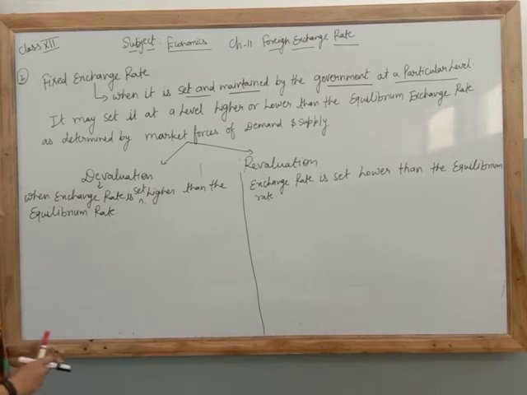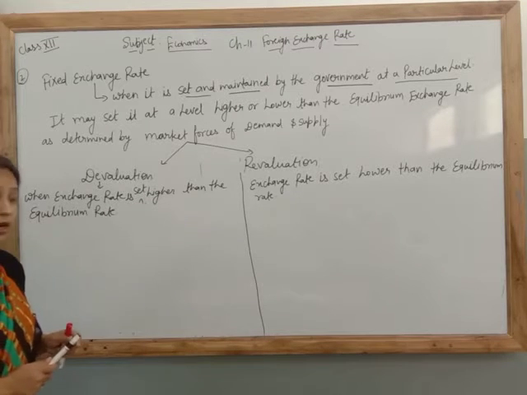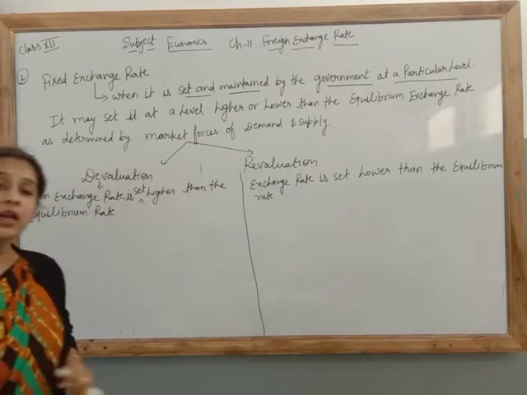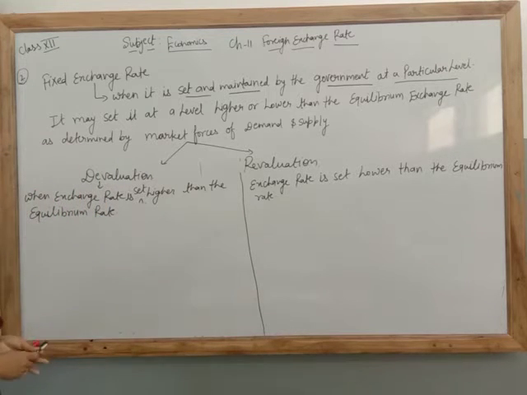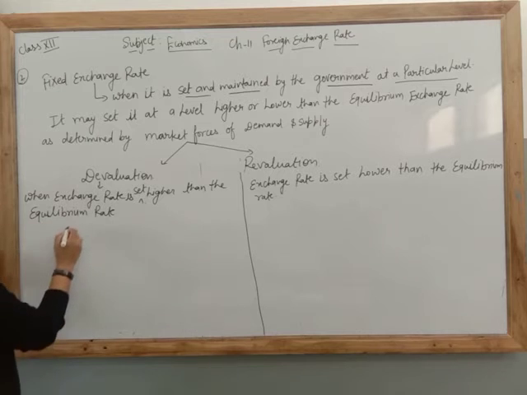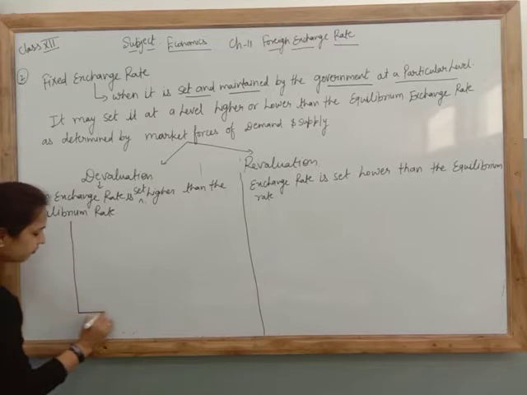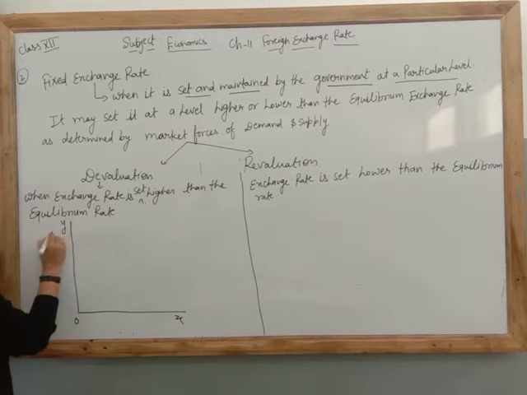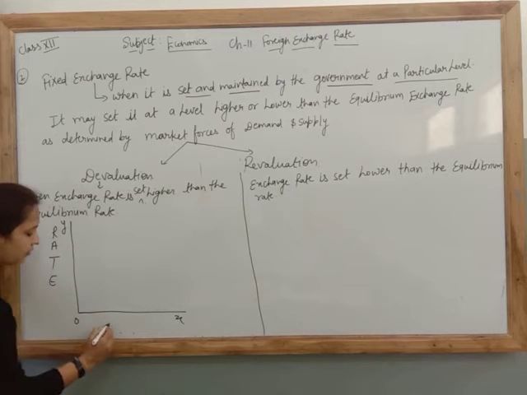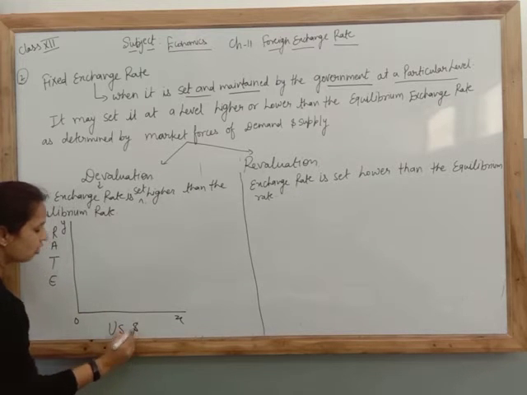Clear? How the government is going to determine devaluation and what will be the impact on the Indian economy, I am going to tell you right now through a diagram. Look at this: O, X and Y. Here we are taking rate, and we are going to take US dollars.